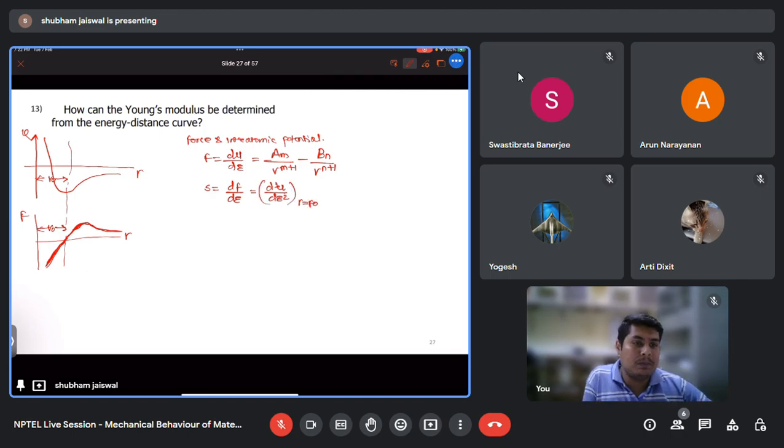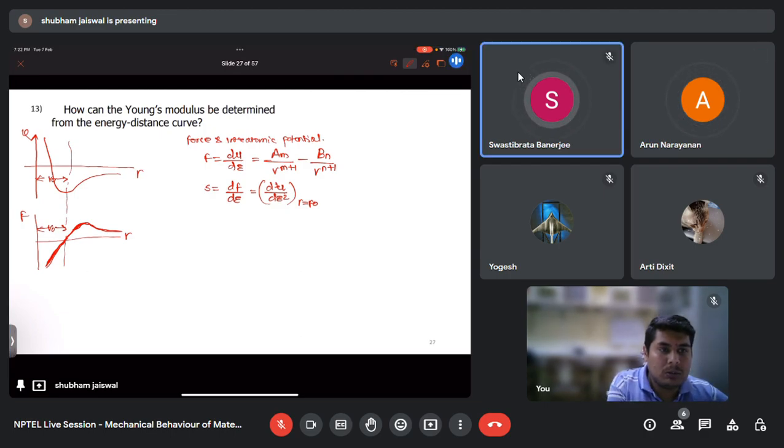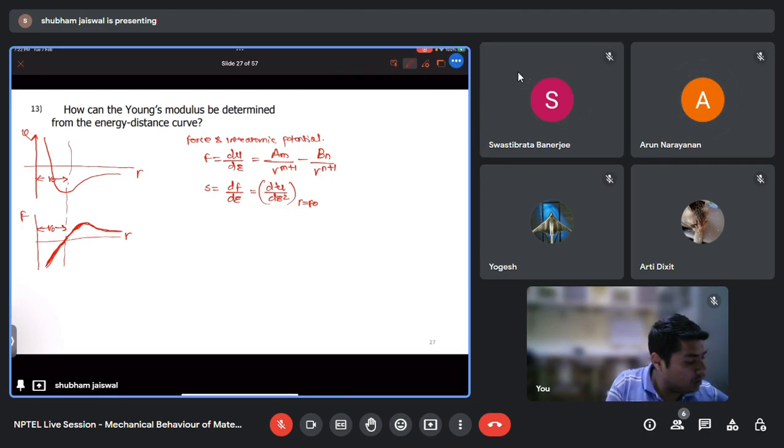Am I correct? So you got this point now, how df by dr is equal to d square u by dr square. This is our slope, or steepness, also we can call.